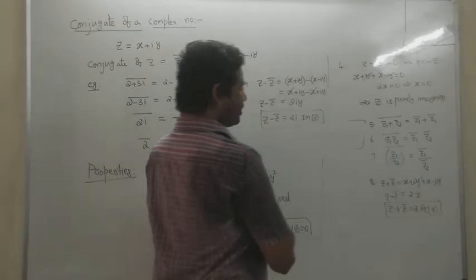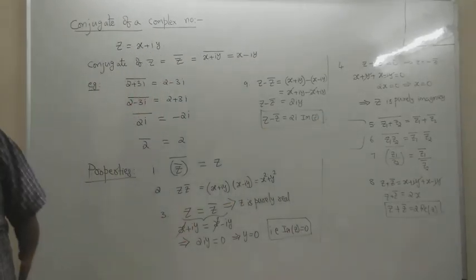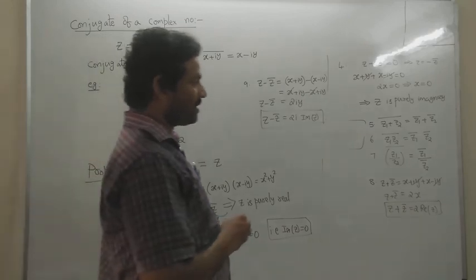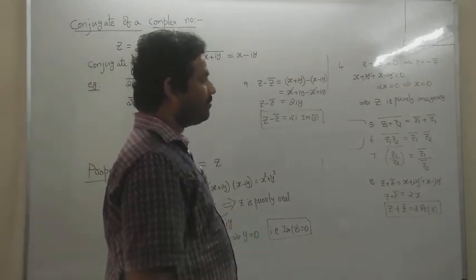So these are the properties of the conjugate of a complex number.